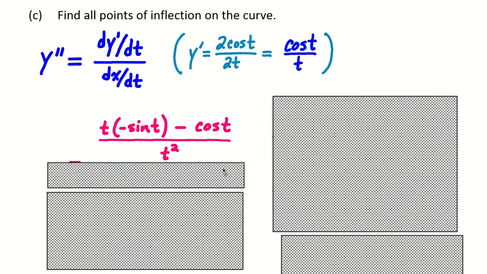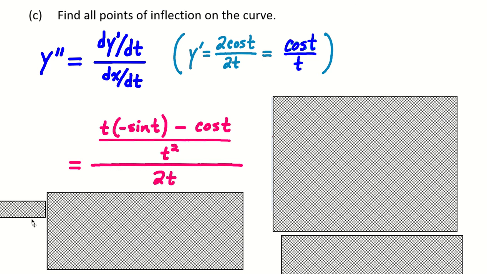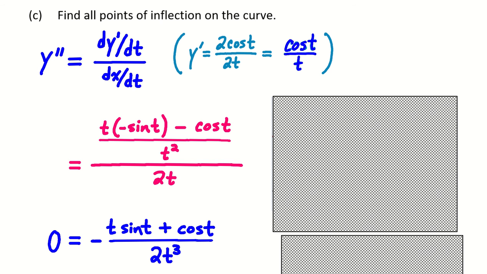Don't want to get ahead of myself. So once again, it's a nasty formula, I guess. Y prime was this, and the derivative of that is this because of the quotient rule. This is going to clean up pretty simply.